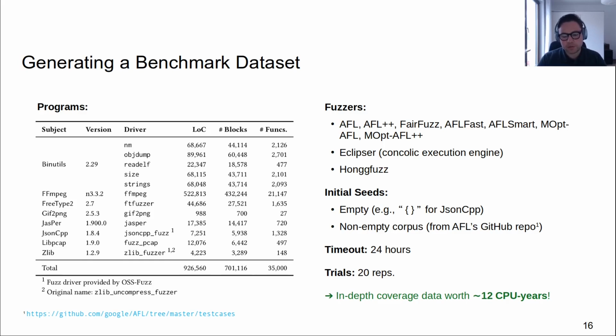Here, for example, we selected the very popular AFL fuzzer and 6 variants thereof. These are extensions of the AFL fuzzer that implement new techniques that turned out to be very effective. We also included HonggFuzz and also the concolic execution engine Eclipser.